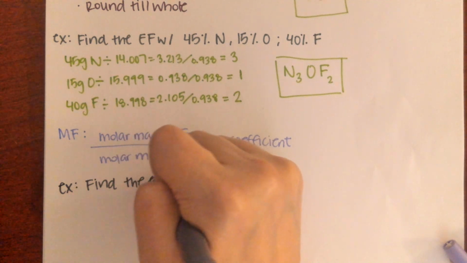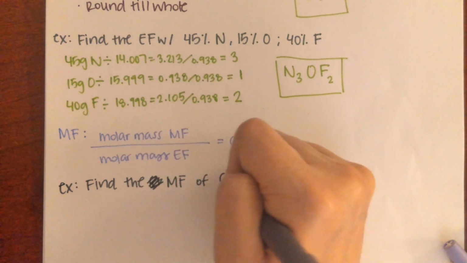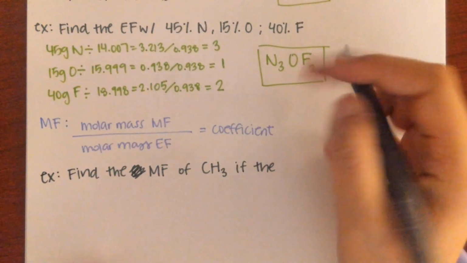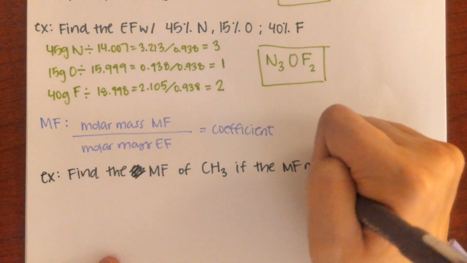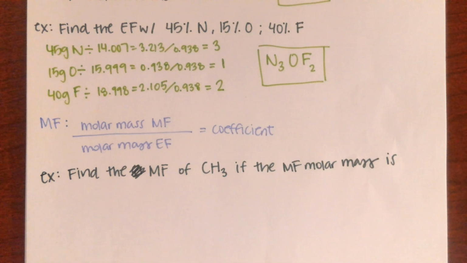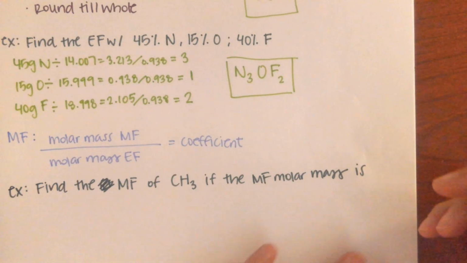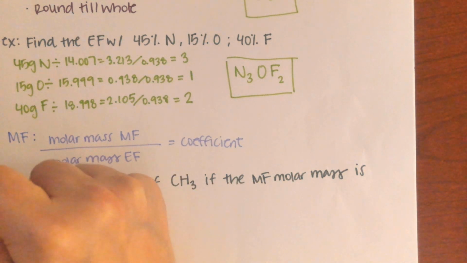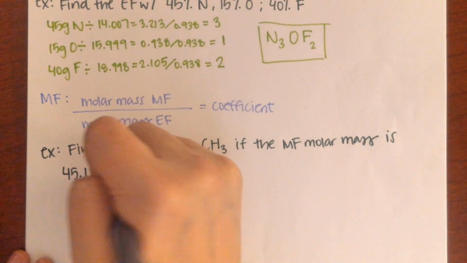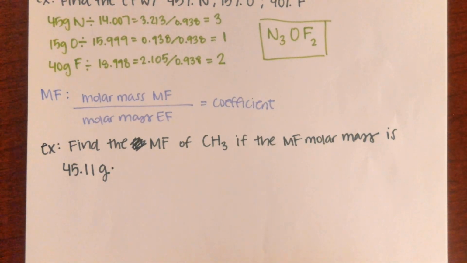Right, find the molecular formula. Okay, so find the molecular formula of CH3 if the molecular formula molar mass is 45.11 grams.